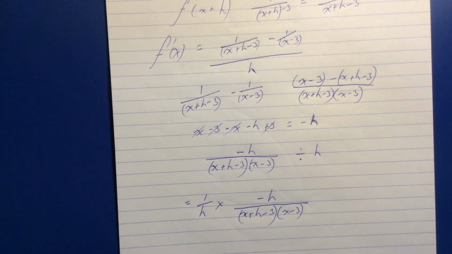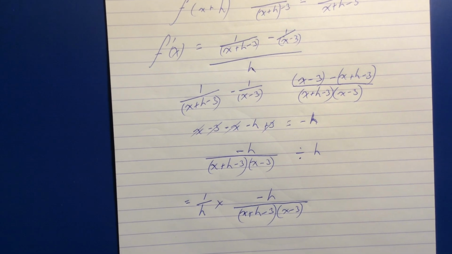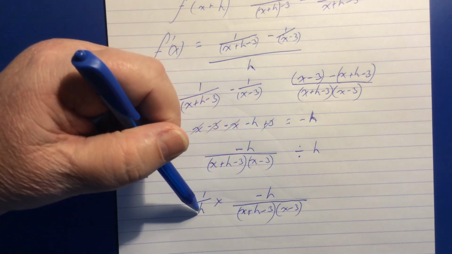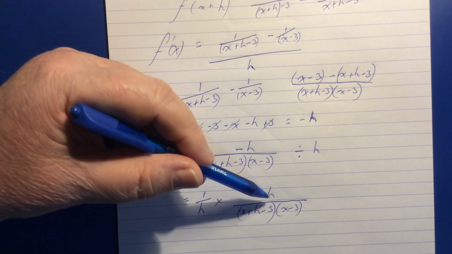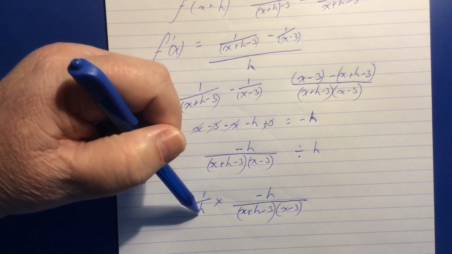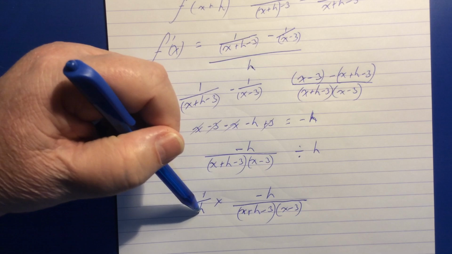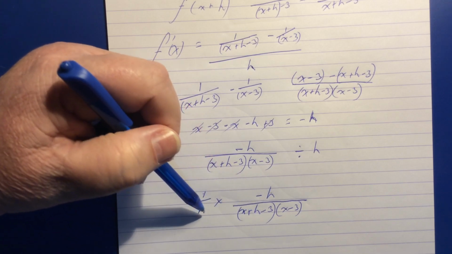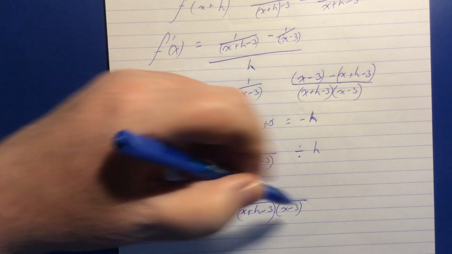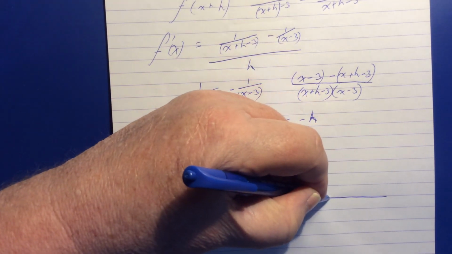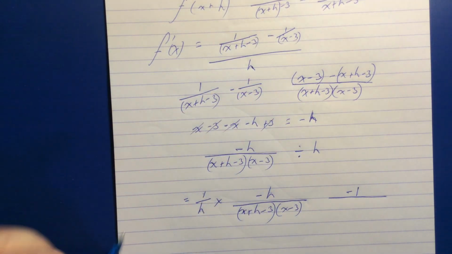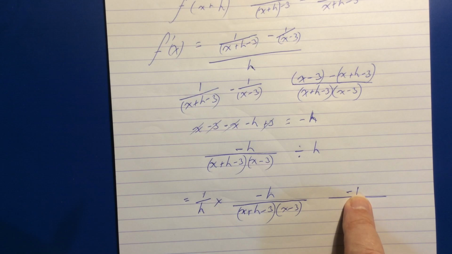And what does that have the effect of doing? Well, 1 times negative h is negative h. What we can do is cancel these two things, this h and this h, and what we're going to wind up with is negative 1 as our numerator.